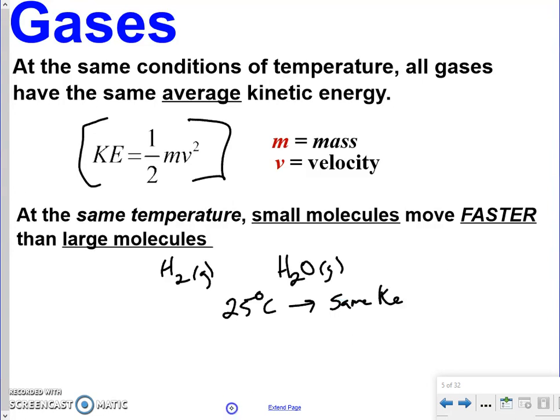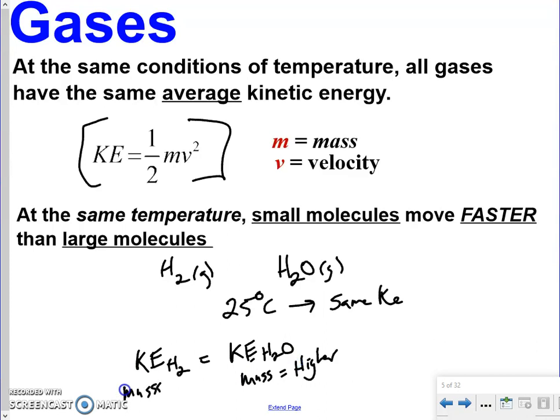And if they have the same kinetic energy, they can't have the same velocity because their masses are different. So if we think about it this way, the kinetic energy of hydrogen is equal to the kinetic energy of H2O. That means the mass of H2O is much higher, and the mass of hydrogen is much lower.